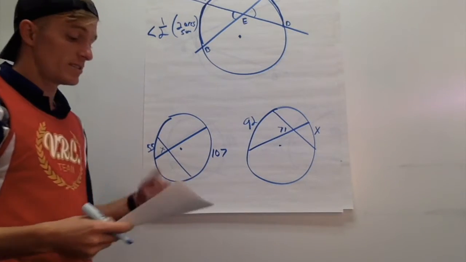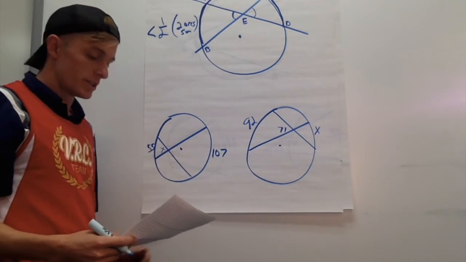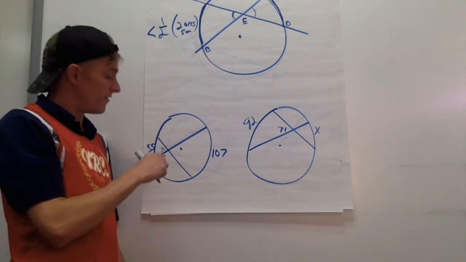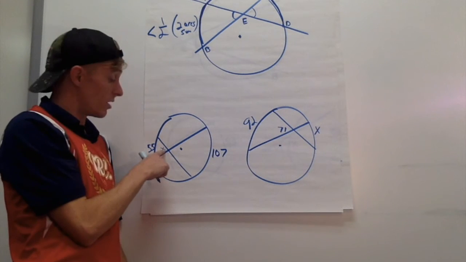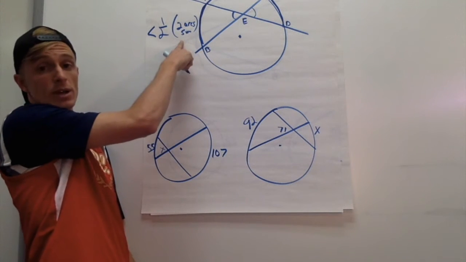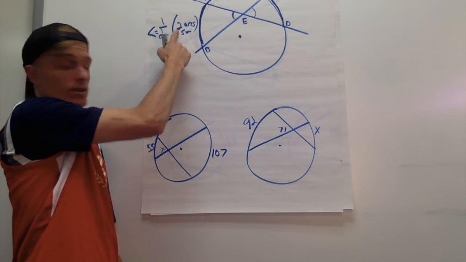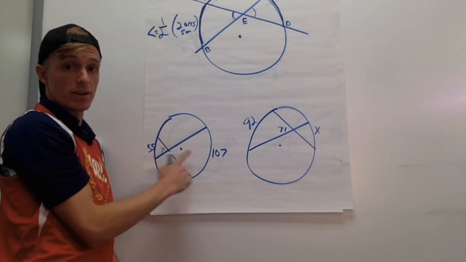All right, so let's see how this works. This problem says find x. So we want to know what x is. We can use our theorem. I know that my angle is equal to half the sum of my arcs, and they gave us the two arcs that are intercepted.